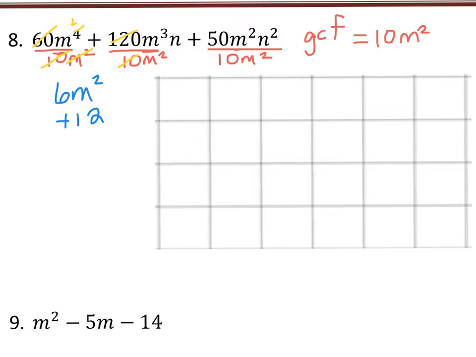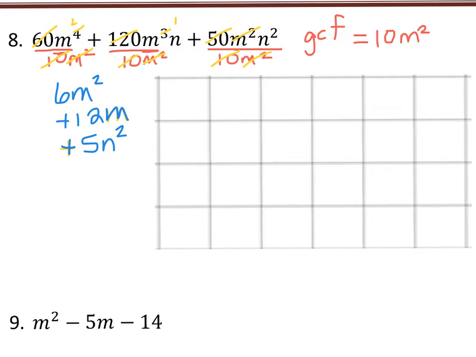And m cubed over m becomes just m. And then finally, 10 goes into 50 5 times. And m squared cancels m squared. And I have left n squared.